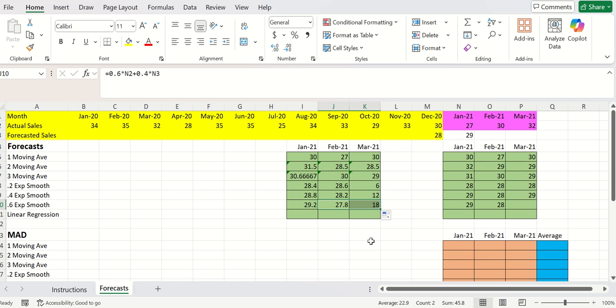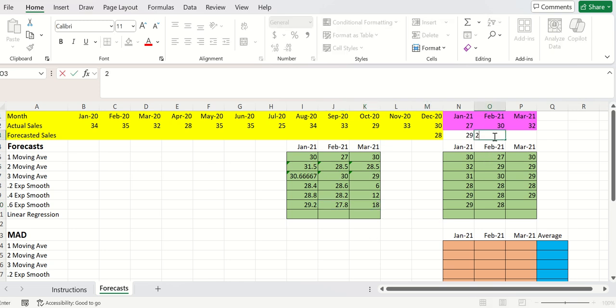I forgot to write 28 up here, so my forecast didn't work out right. And then 29.